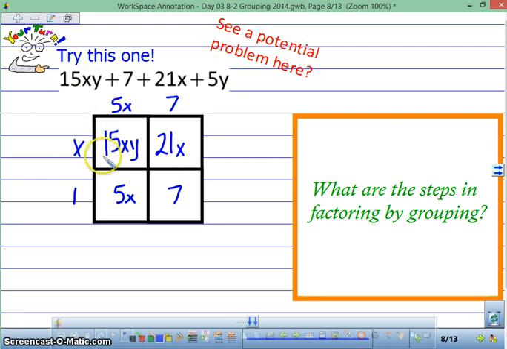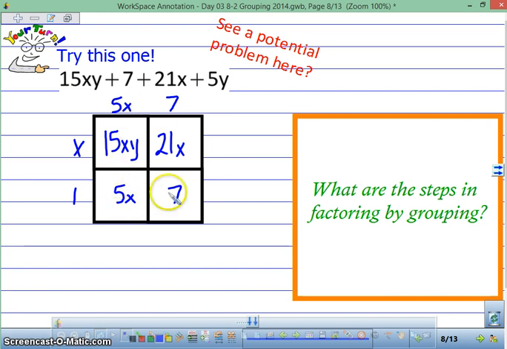Let's double check that we've got everything we need. Oh, shoot. You can see that I've made a mistake.